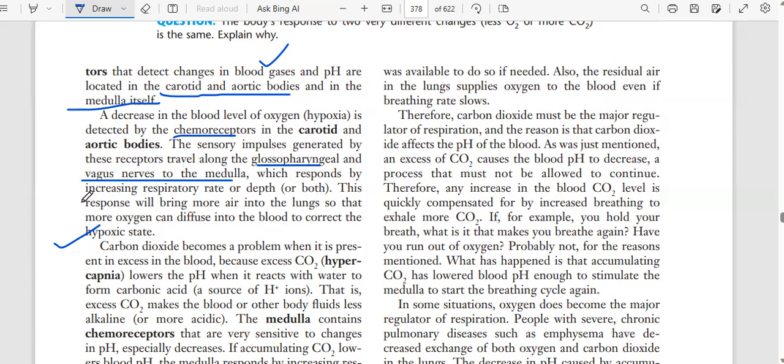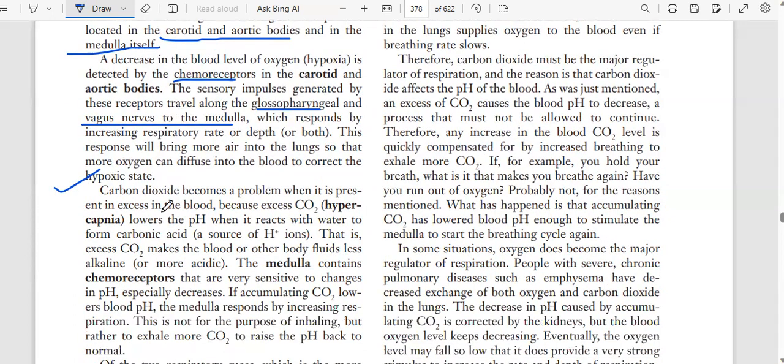Okay. So carbon dioxide becomes a problem when it is present in excess in the blood. I told you that the more carbon dioxide in the blood, the more acidic the blood is. Less oxygen is hypoxia.